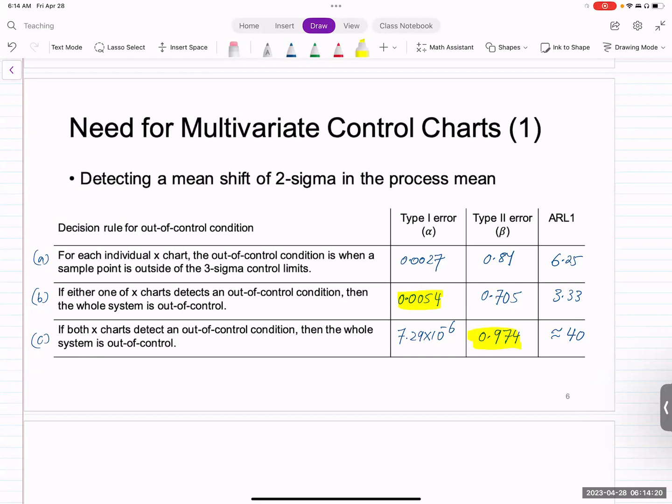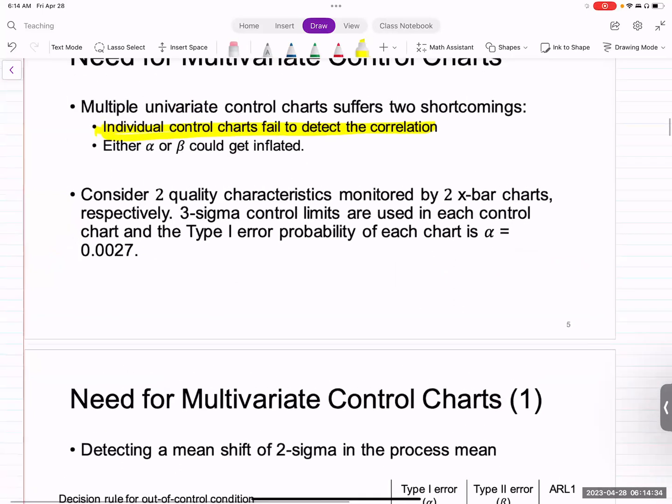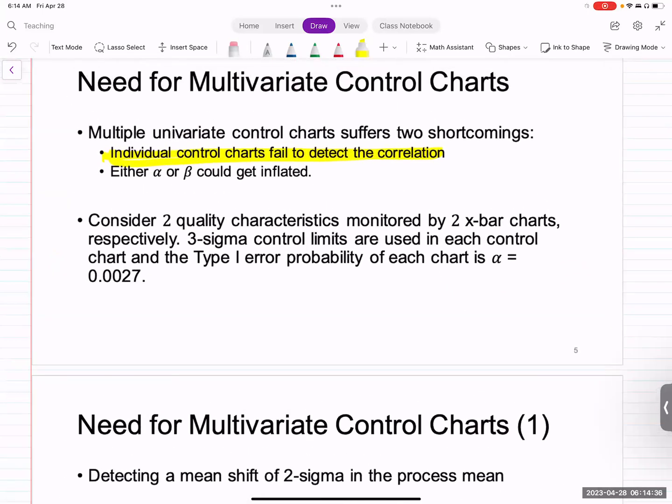And whenever there's an inflation in type 1 and type 2 error, it's not good for your control chart, because you're essentially making the control charts worse. So this is the second challenge with using multiple univariate control charts, which is that either alpha or beta could get inflated.